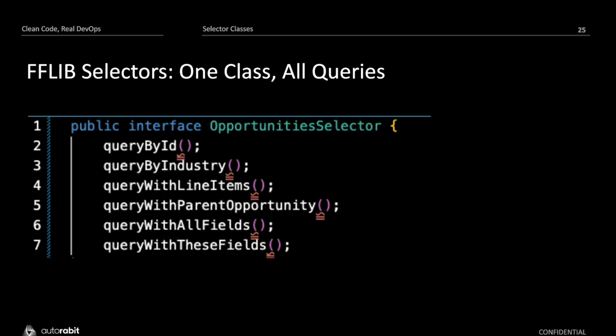And so it creates inertia for you to create more special single purpose methods that probably satisfy one or two requirements. And so this class can easily grow to have hundreds of methods, each doing just a small variation of a different query.